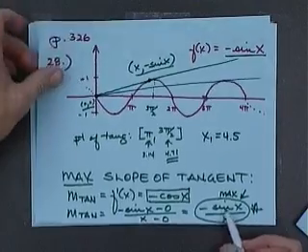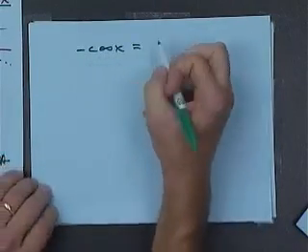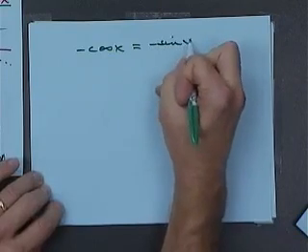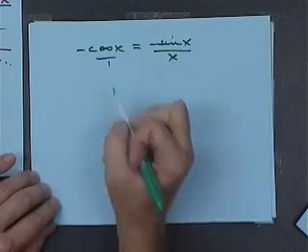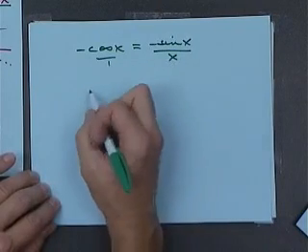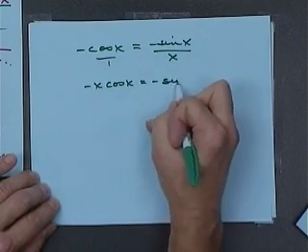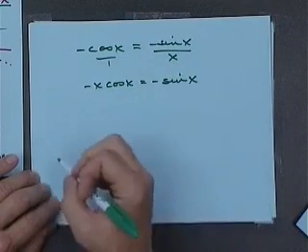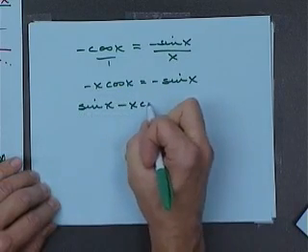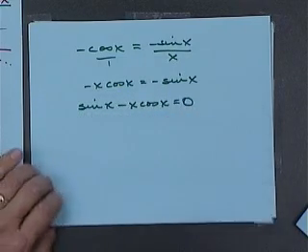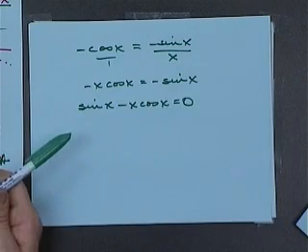If you were to set those two equal to each other, and I guess you could just cross multiply, negative x cosine of x equals negative sine of x. Put them both on the same side. Sine of x minus x cosine of x equals 0. You end up at exactly the same place. That's a little quicker, actually.